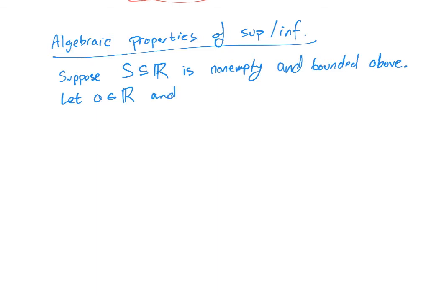Let's call it little a, and let's define A plus the set S to be the set of A plus little s for all elements little s of the set S. Okay. This is not just for this example. This is throughout this course. This is what this is going to mean. In fact, throughout mathematics, this is what it's going to mean. But it might not have come up for you before.